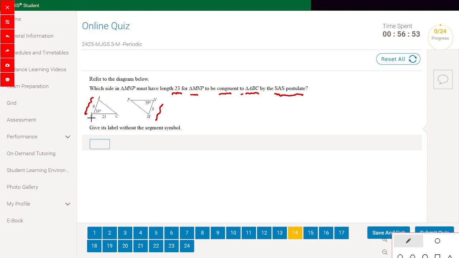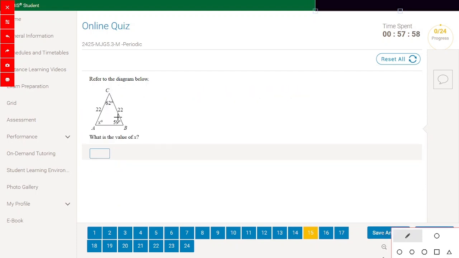And angle B and angle N are equal, so they are congruent. So side, angle, side. This side is 23, so here it will be 23. So the side that must have the length of 23 in triangle MNB is BN or NB.